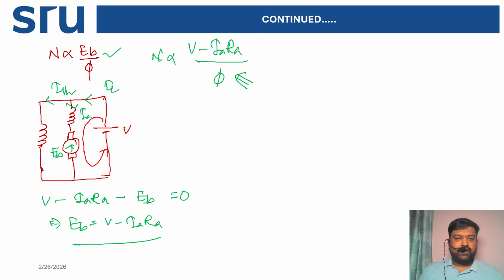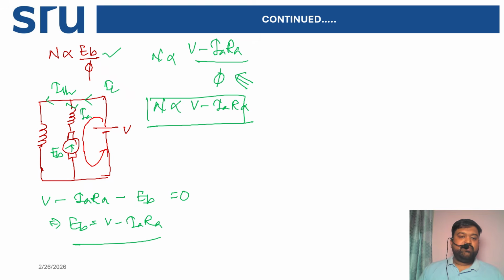Then N is directly proportional to V minus IA into RA, right? And from this formula, we will draw the characteristics. When I draw, on the x-axis you have to put the current, and on the y-axis you will put the speed.